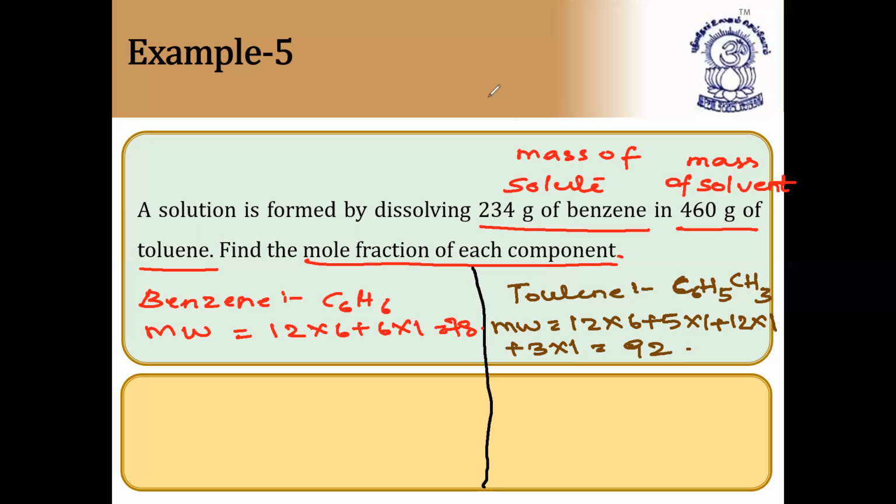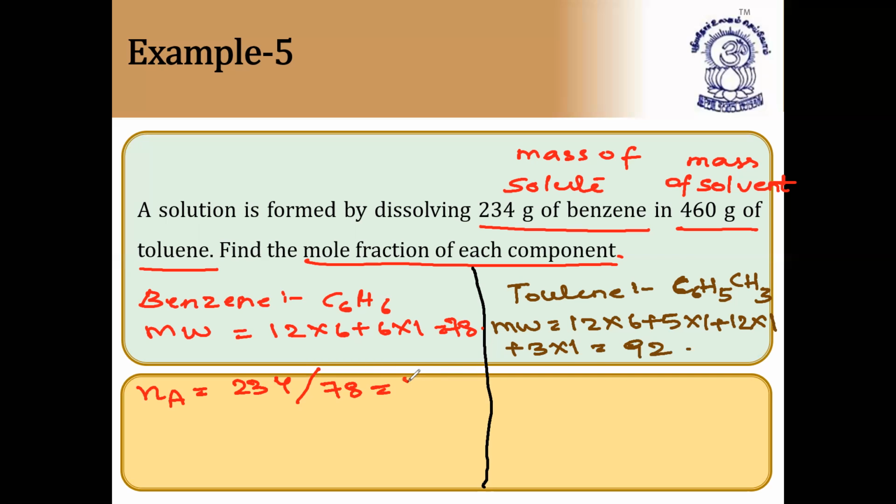Now, how to solve this problem? They are asking mole fraction of each component. First, we find mole fraction of A. That is, mole fraction of A is equal to N of A by total moles. Since they have not given number of moles, we have to take N of A is equal to weight by molecular weight, that is 234 by 78. So 234 divided by 78 is equal to 3.